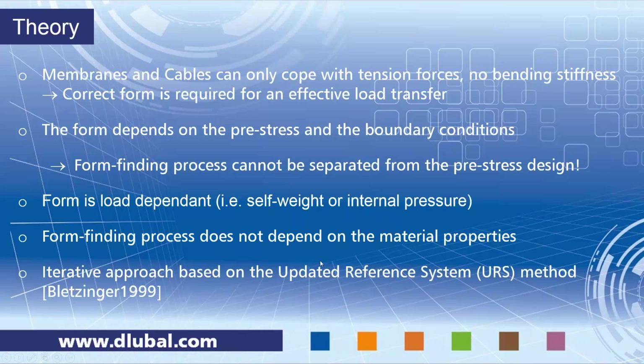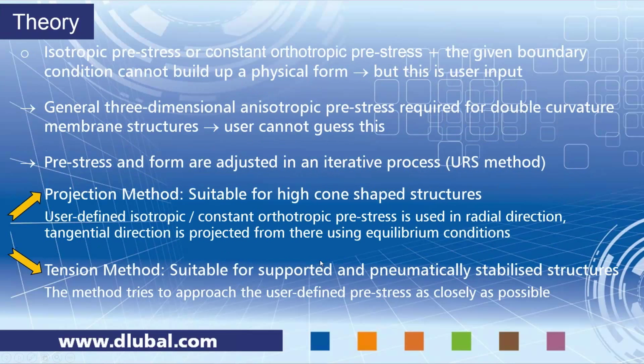So there are some difficulties with defining the pre-stress. You can imagine that a double curvature membrane structure, so I mean a three-dimensional structure which is bent over in all directions, needs a different pre-stress definition at each point of the structure. So actually a general three-dimensional anisotropic pre-stress would be required.